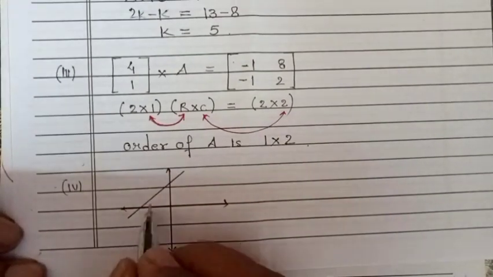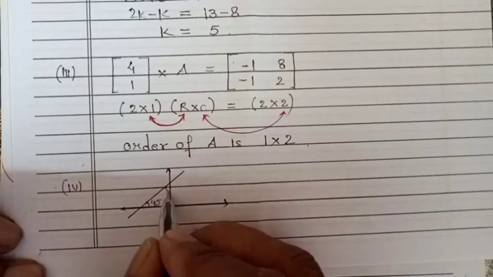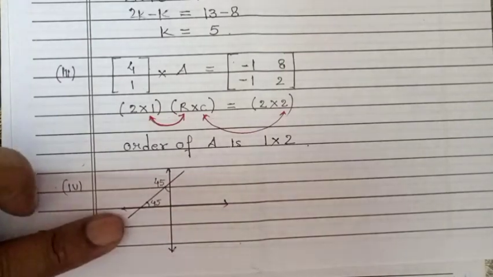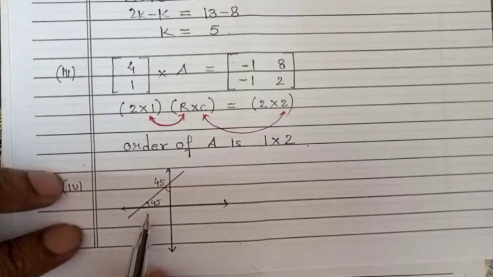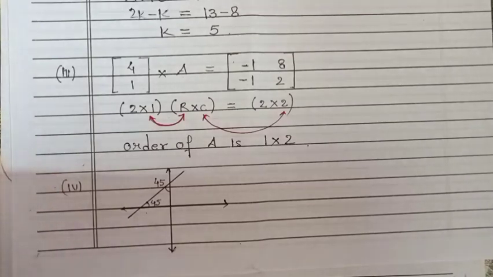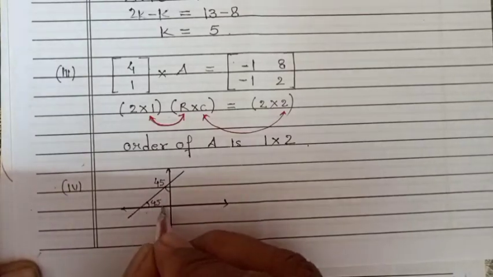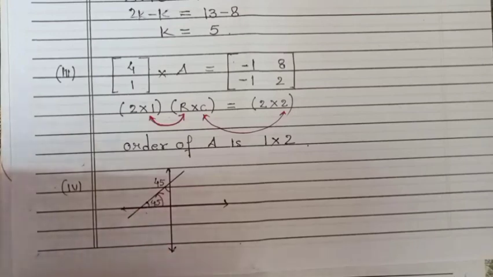That means this line will be making an angle of 45 degree with the x-axis as well as 45 degree with the y-axis. Now if I ask you to get the slope of this line, if you go for the inclination, you can see that this line is making an angle of 45 degree in the anti-clockwise direction.